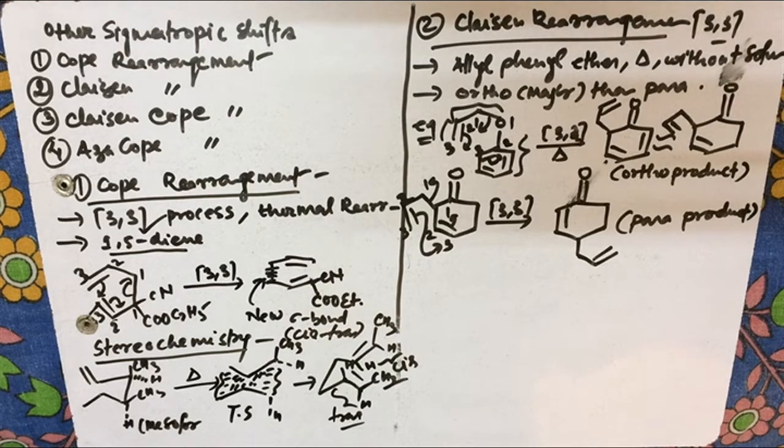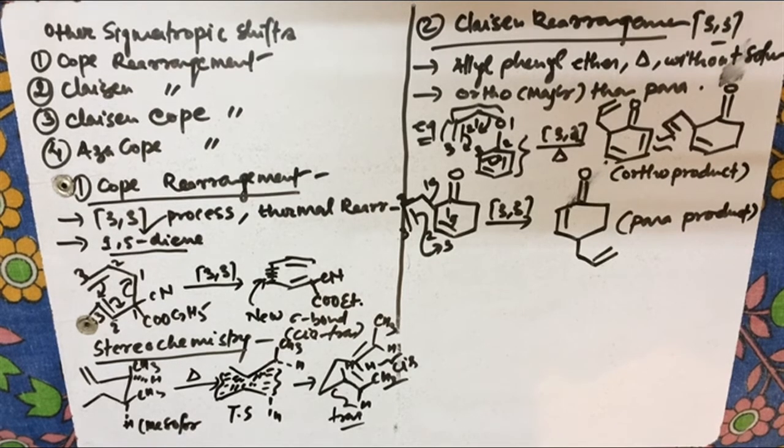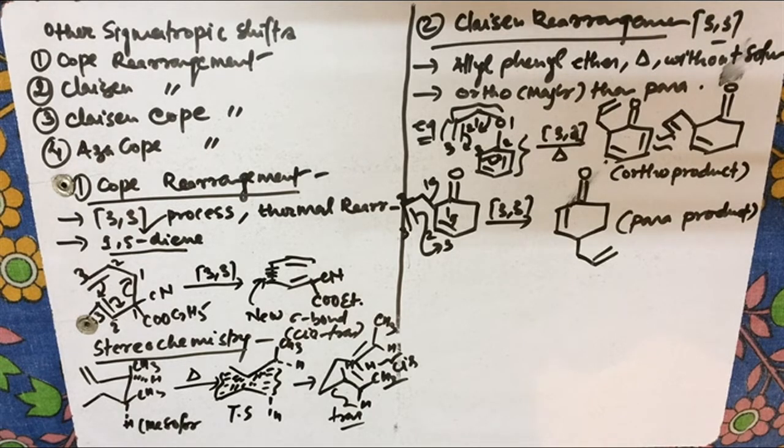Case 1: if both ortho positions are occupied, then obviously the allyl group will shift to the para position. And if both ortho and para positions are fixed, then there will be no chance of this rearrangement happening.